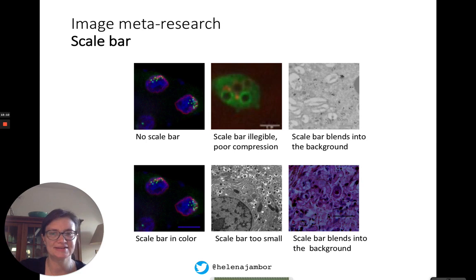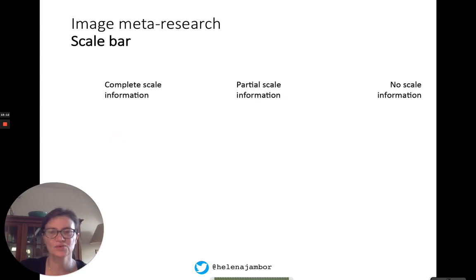So how common is this? So we scored either that images had complete scale information, partial scale information, meaning some images had a scale bar and others didn't, or all images in the paper were entirely absent of scale bars.